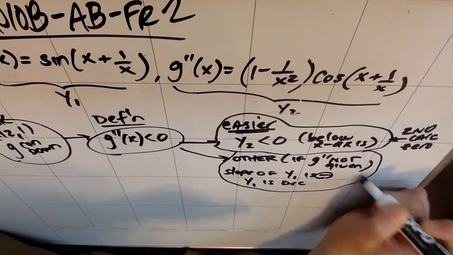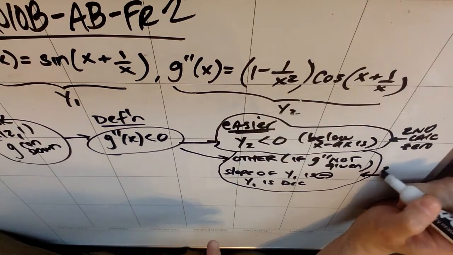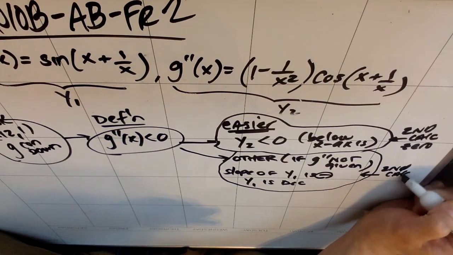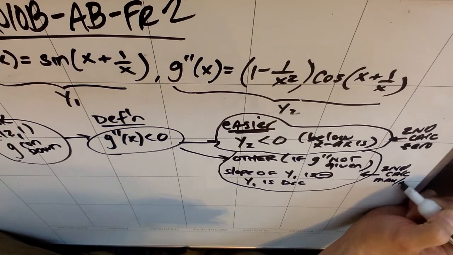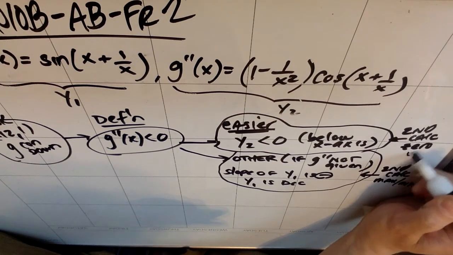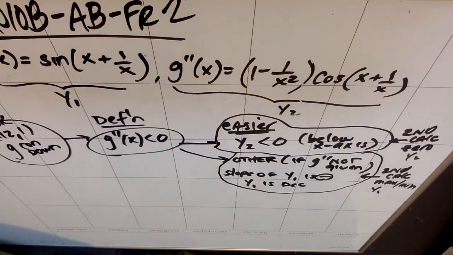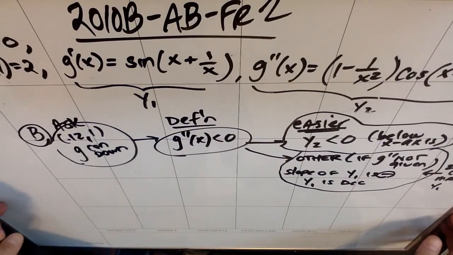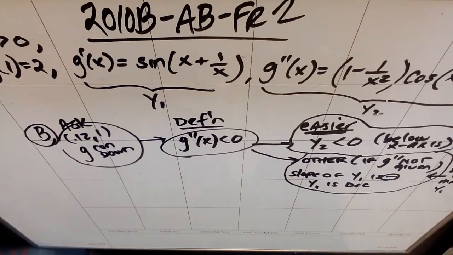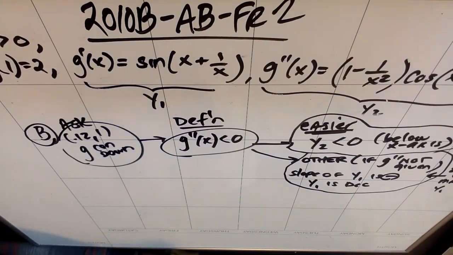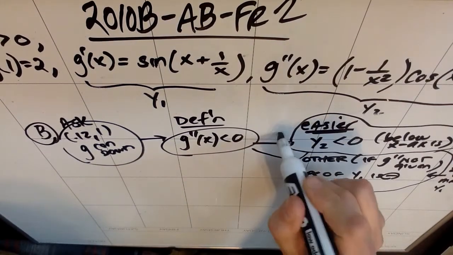And this one is going to involve finding the maxes and mins, so second calc max or min for the y1, right? So second calc 0 for y2 or second calc max for y1. I would not suggest doing the second option in this case, but I just wanted to point out that if you hadn't been given g double prime, that would be a decent option. So I'm going to pick the easier option, right? I'm going to pick this option.